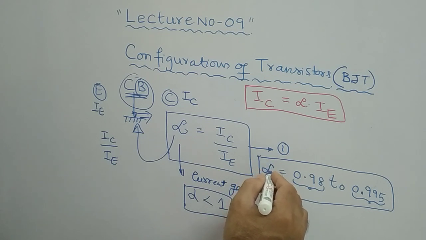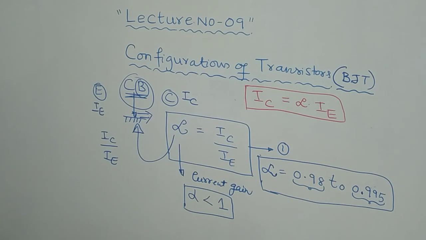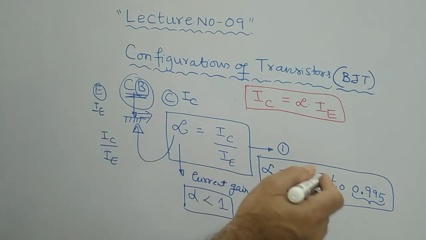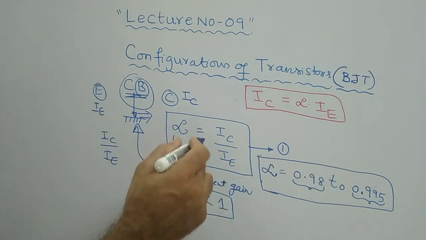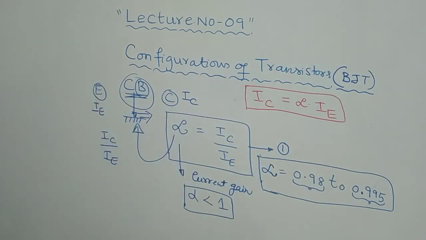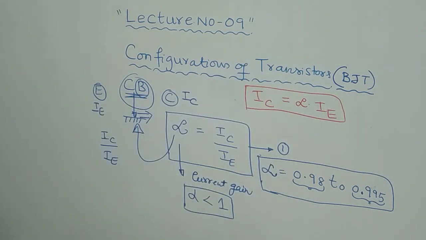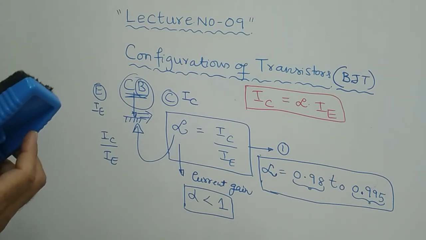What is alpha actually? It is the current gain in CB configuration. Remember that this is a very important point. The relation of alpha is very important, and the value of alpha is also very important from the examination point of view. Now I am going to give you one more important relation.